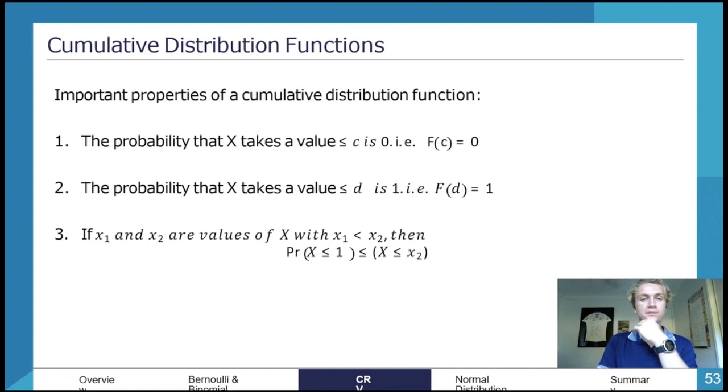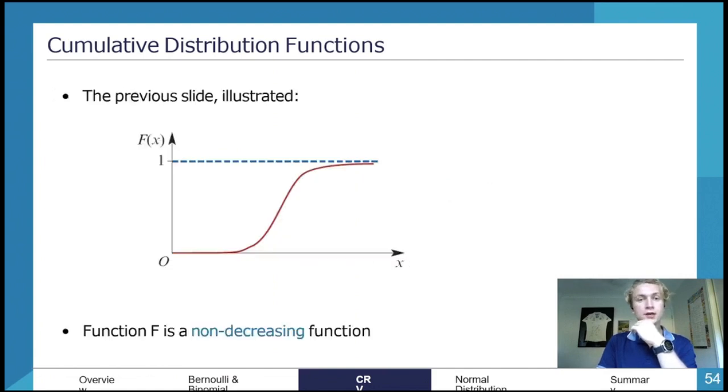Okay. Cool. So this would be an example of a cumulative density function, and that final point relates in here. It's not decreasing. A cumulative density function is always increasing, and it goes up to 1.